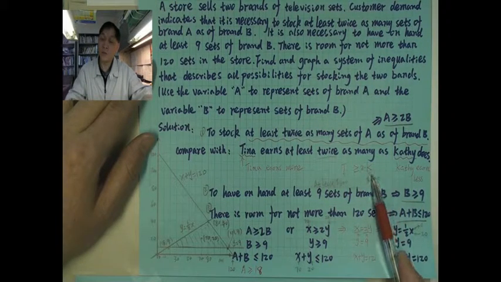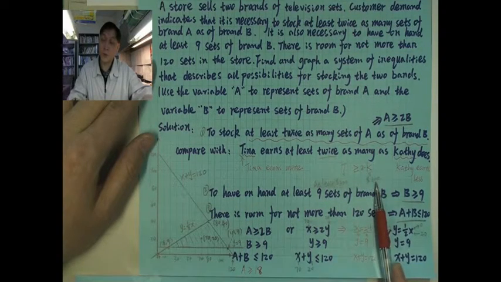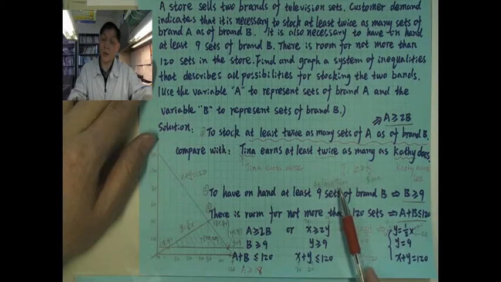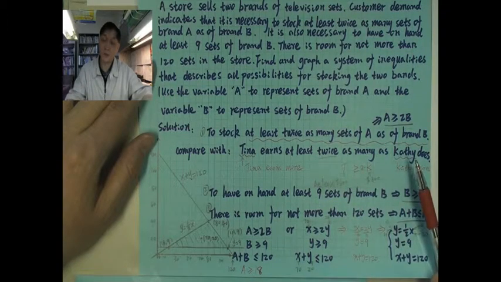So if Kathy earns $300, then at least Tina will earn $600. That's why the 2 should be in front of K, not in front of T. So it tells us at least Tina will earn $600. 600 is at least twice as many as $300.